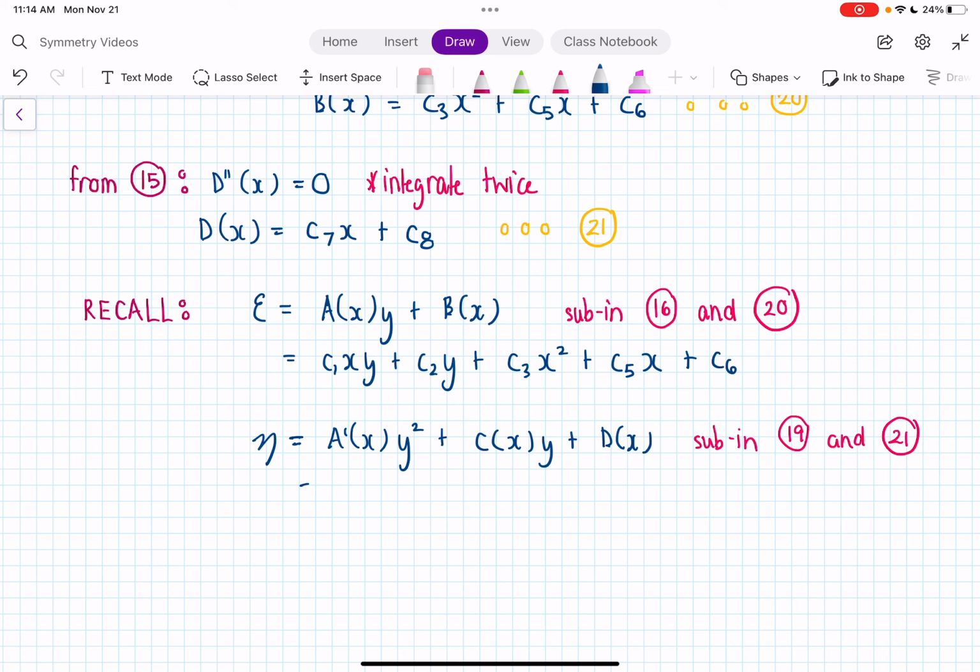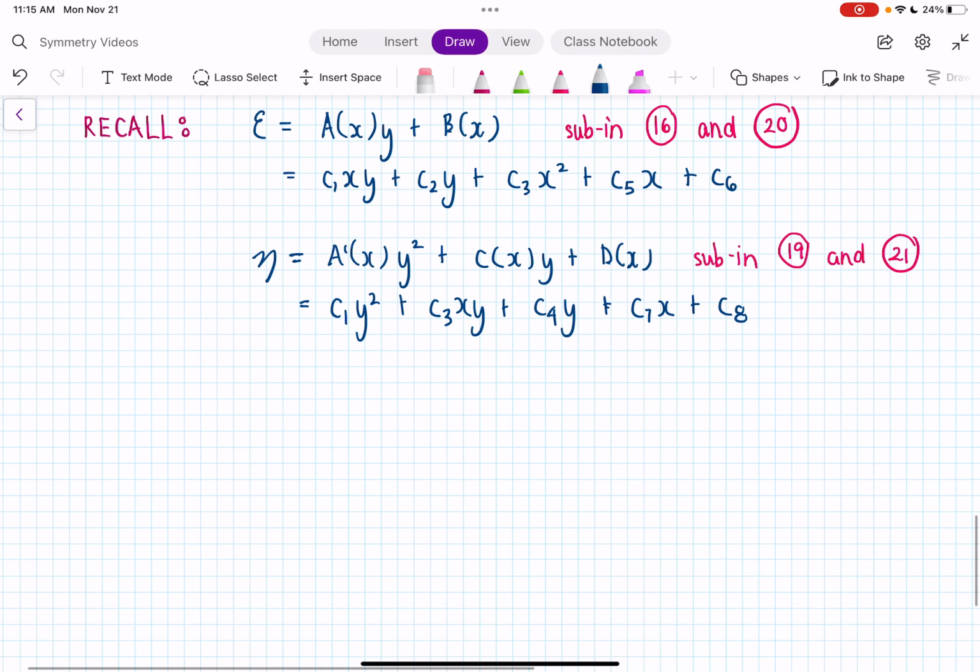And so what we're going to get then after we do those substitutions... okay, so those are my infinitesimals, xi and eta.